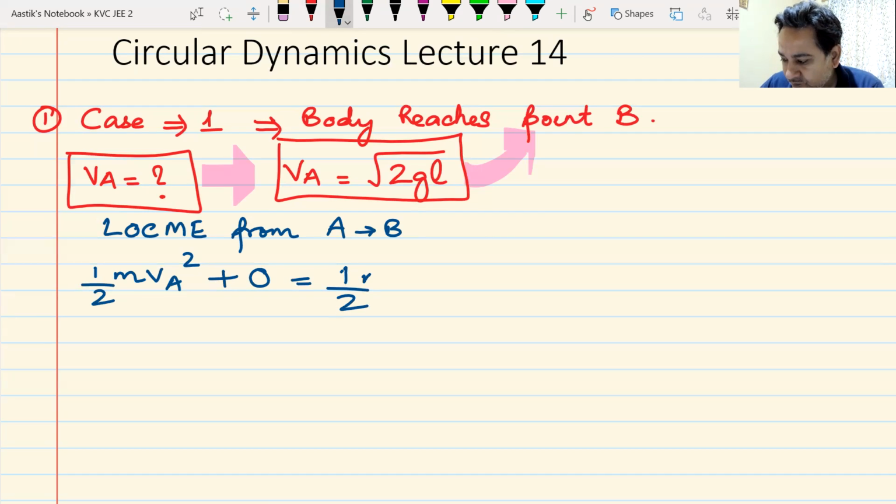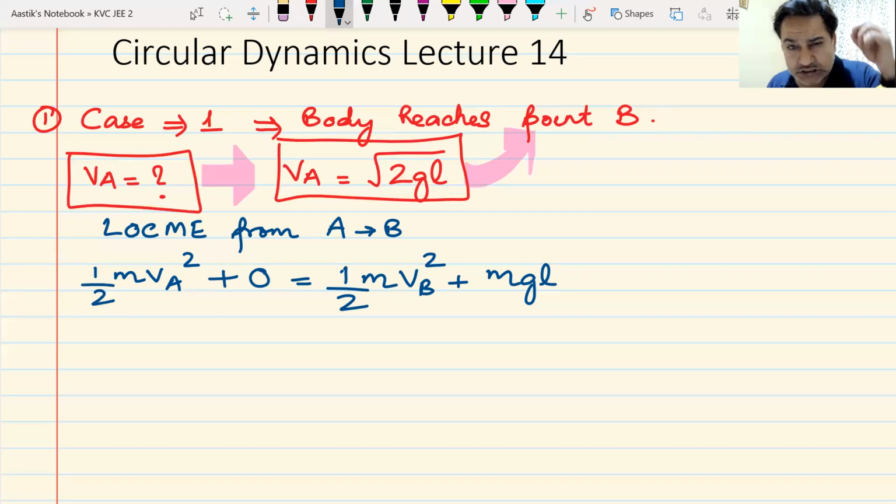Okay. Well done. Now you have the answer. Now tell me, if it has to just reach point B, what will be the velocity at point B?